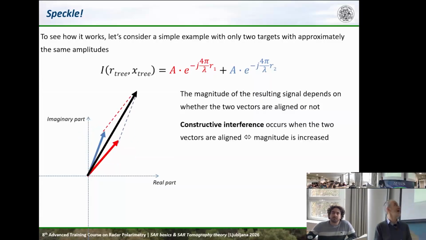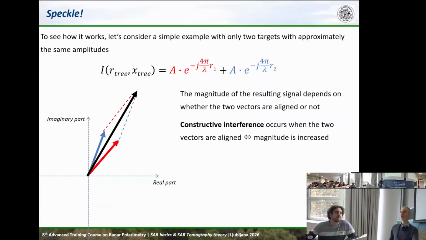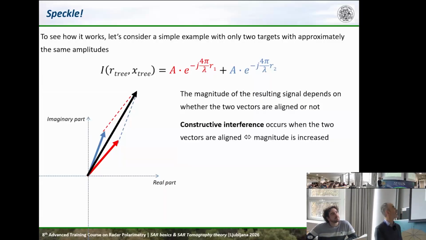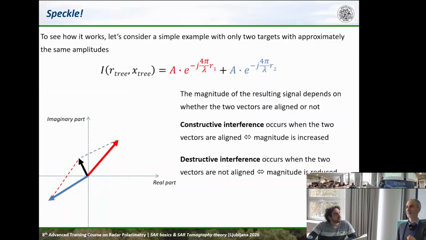When they are aligned, we say that there is a constructive interference, and so the resulting magnitude goes up. We have the brush with a bright green. But when they are not aligned, the amplitude goes down, and so this is the brush with a dark green.